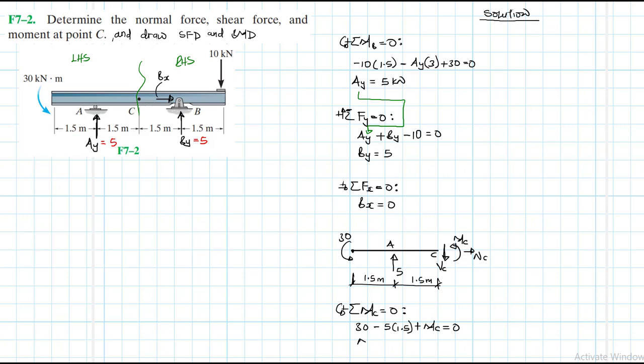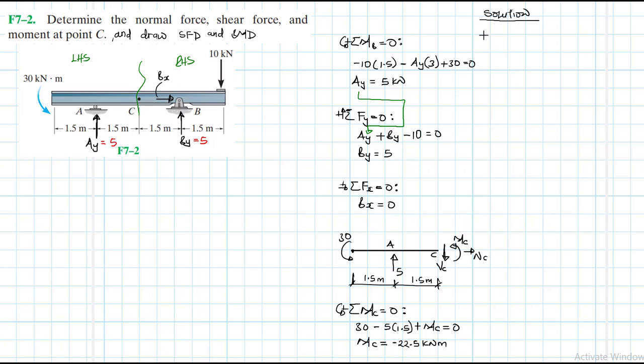Therefore our MC is going to be equal to 30 minus 5 by 1.5, which is 22.5, so it's going to be negative. So minus 22.5 kilonewton meters. It's negative, it just means MC is supposed to be in the other direction.